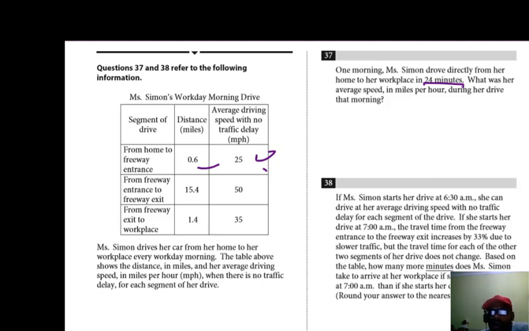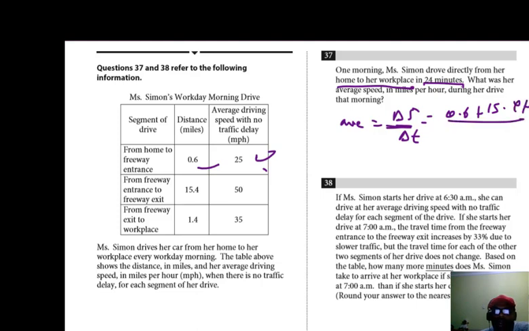From where? From her home to workplace, directly. So what was her average speed? Average speed is total distance over total time. Since the distance is fixed, just add all of them: 0.6 plus 15.4 plus 1.4, over 24 minutes. Let me use the calculator here.